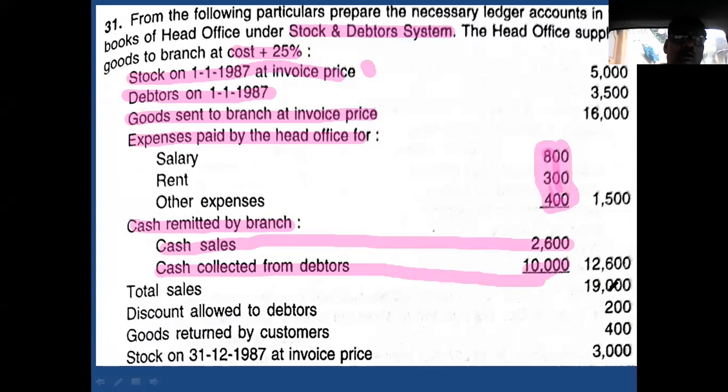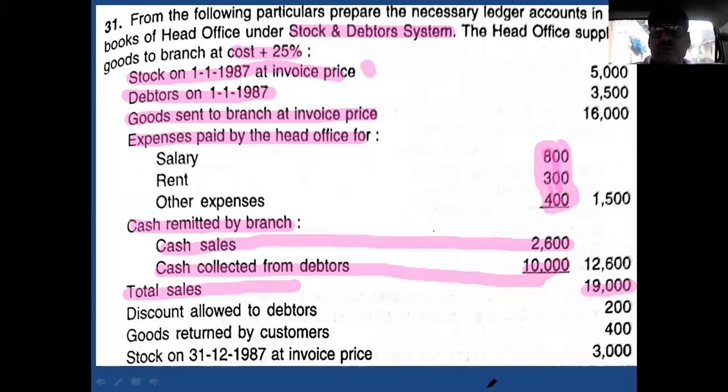Total sale is 19,000. Cash sale is 2,600. What is the credit sale? Anyone tell me? 16,400.